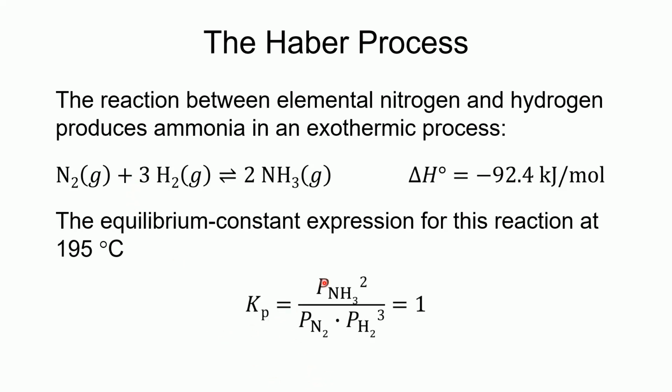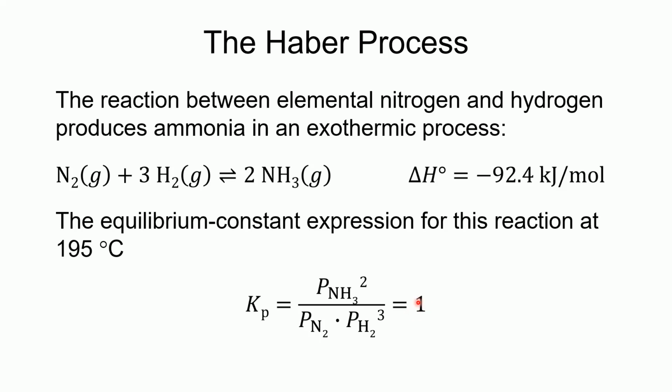Kp is equal to the partial pressure of ammonia squared divided by the partial pressure of nitrogen, and then also divided by the partial pressure of hydrogen cubed. So again, these come from the coefficients in the balanced equation. And as I mentioned, at 195 degrees Celsius, the value of Kp is approximately 1.